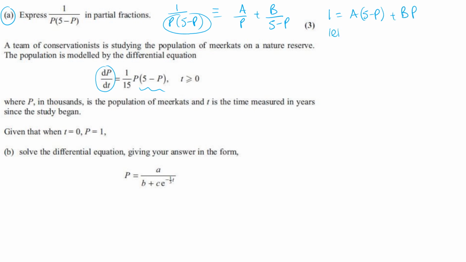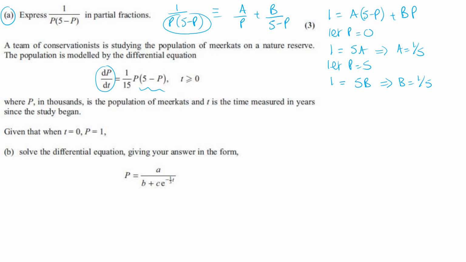Now we let p equal something that will make the A or B term go out, so let p equal 0, we'll lose the B term, we'll still have 1 is equal to 5A, which tells us that A is equal to 1/5. Now let p equal 5, then we'll have 1 is equal to 5B, which tells us also that B is equal to 1/5.